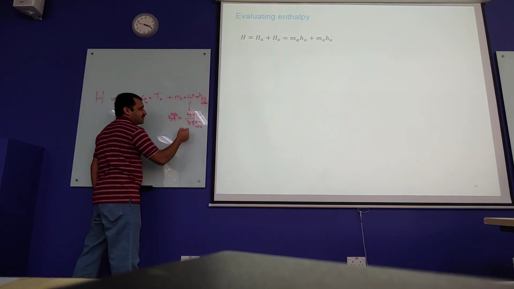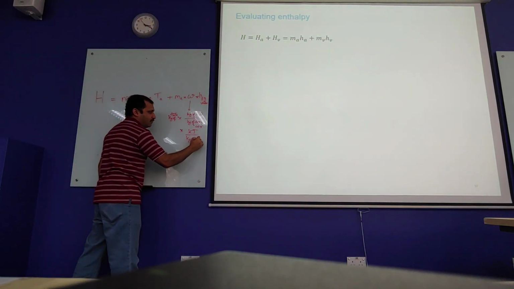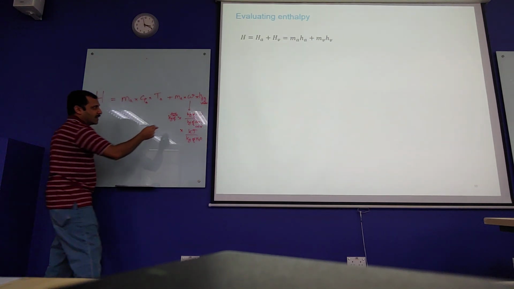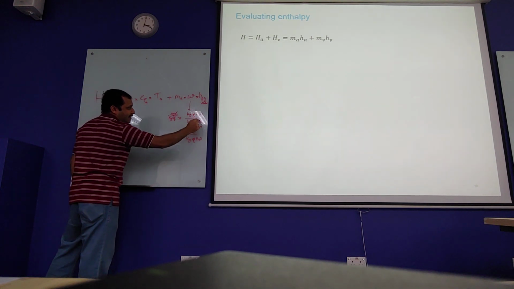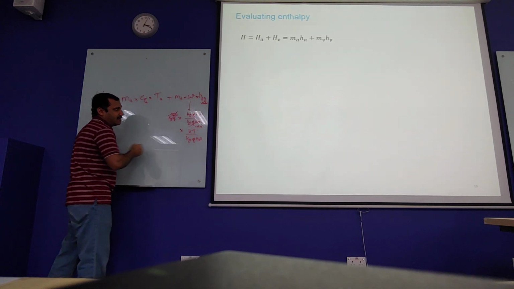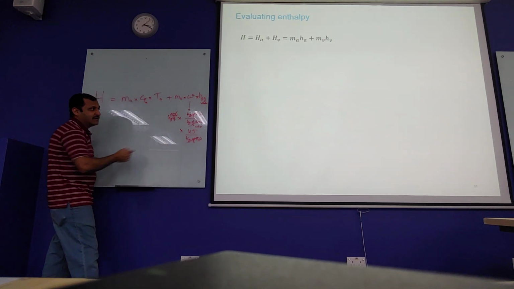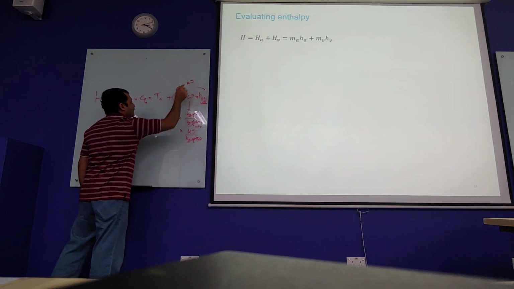And what's the unit of hfg? Kilojoules per kilogram of water. So what do you end up getting? That kilogram of air cancels with that kilogram of air, that kilogram of water cancels with that kilogram of water, and you end up getting that term as kilojoules.